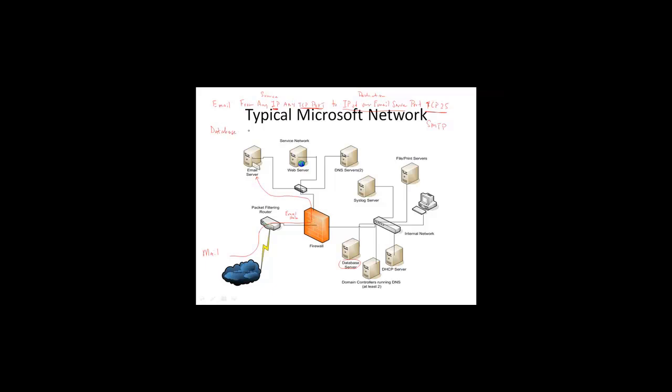So the source side is going to be from the IP of our web server, again, any TCP port could be used as the source port, to the IP of our DB server, TCP port.